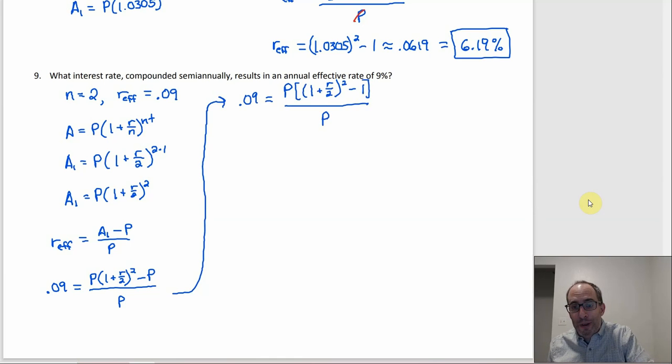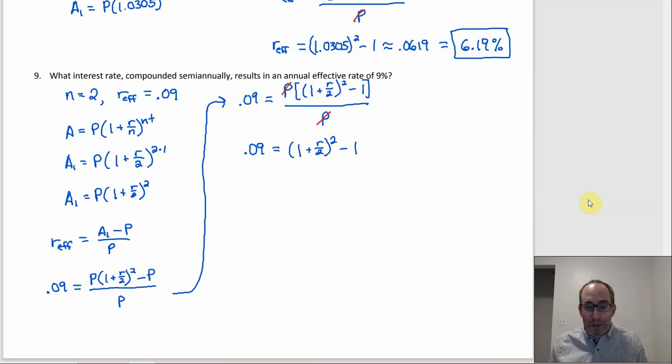Again, we can cancel those. I guess red means cancellation, at least in number 8, so we can do it again here. So we cancel those P's. What are we left with? Well, 0.09 is equal to 1 plus R over 2 quantity squared minus 1.